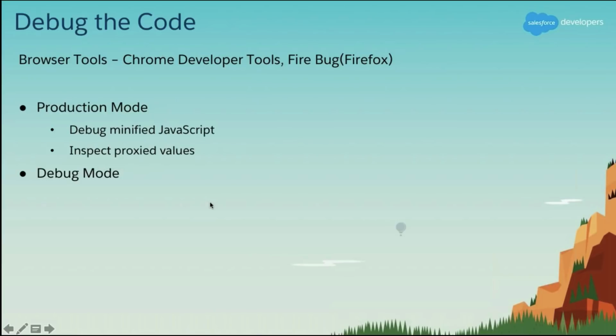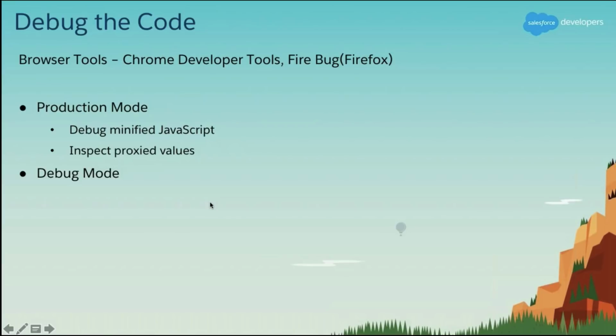When we try to debug using the production mode, the JavaScript is rendered as a minified file. Minified means it renames the properties, and sometimes it removes the warnings which are not very important. That way it improves the performance of the execution of your JavaScript.